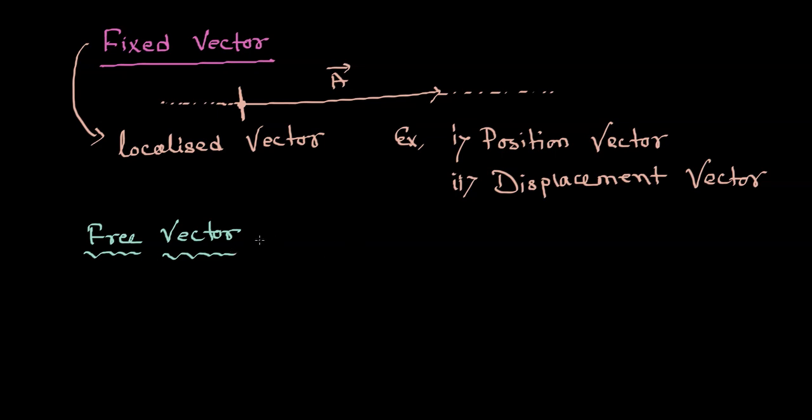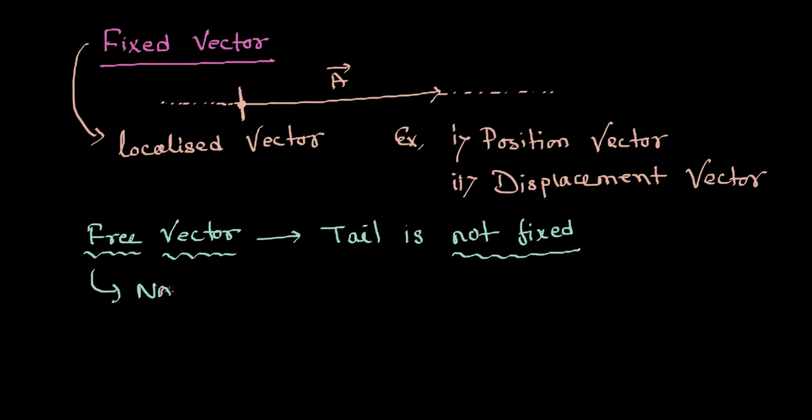If its initial point or tail is not fixed, then it is called the free vector. Free vector has another name, that is called non-localized vector.